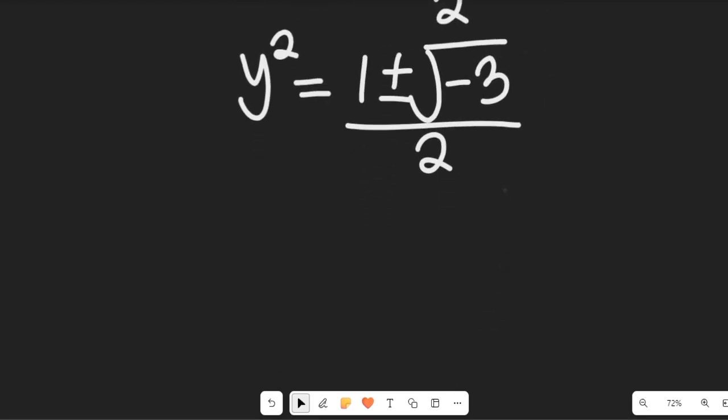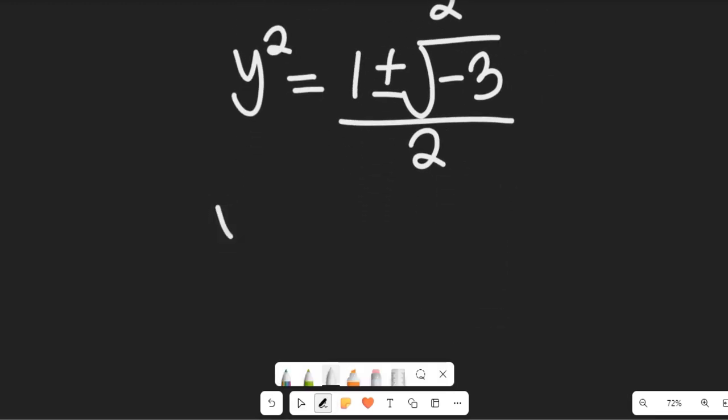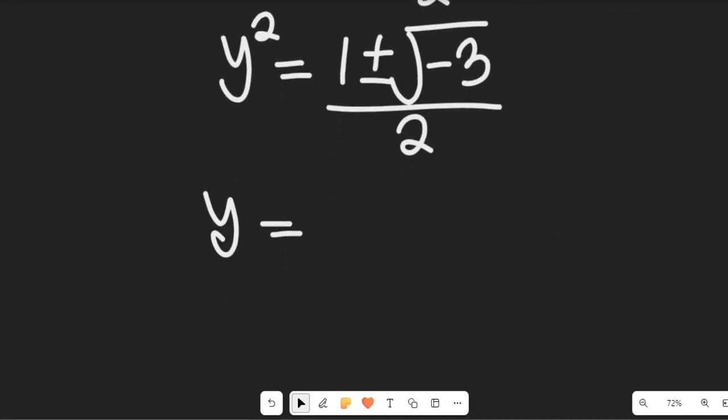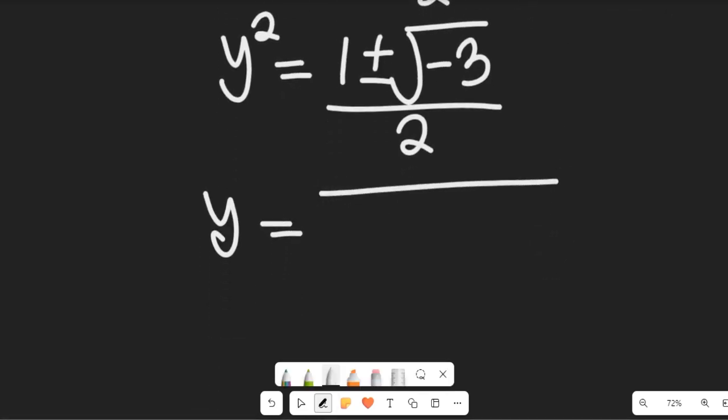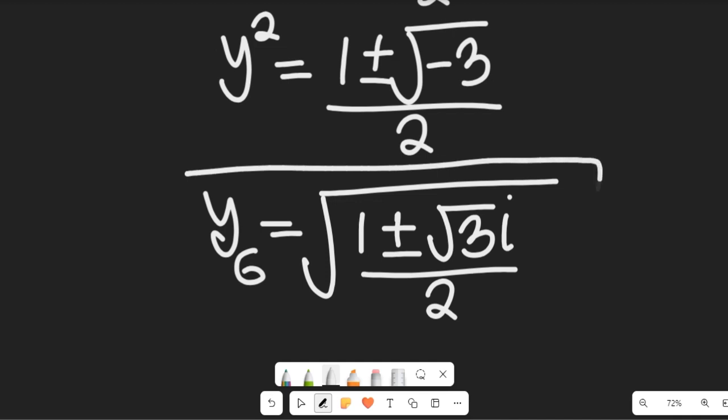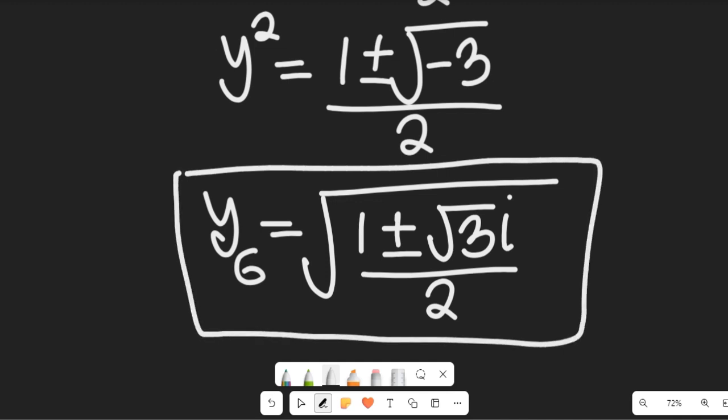So if we simplify this, you're going to see that the value of our y can now be equal to the total square root of 1 plus or minus square root of 3 imaginary divided by 2, and this will be y6. So this is another solution to the value of y.